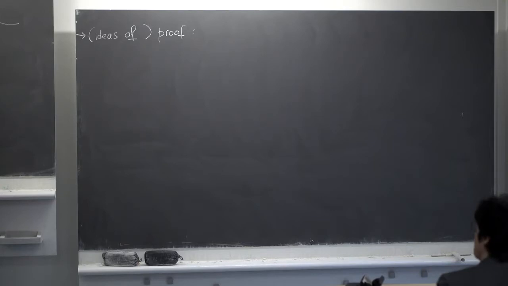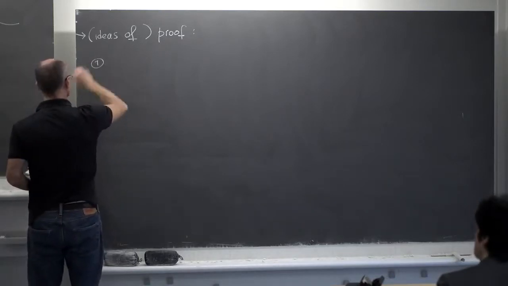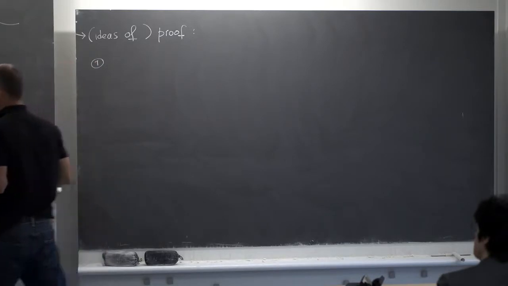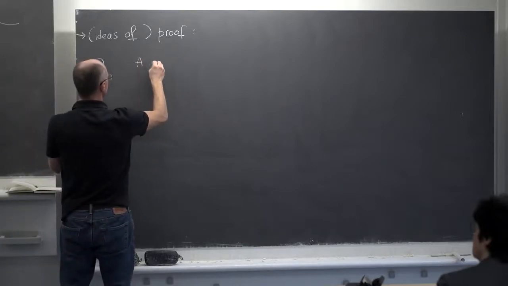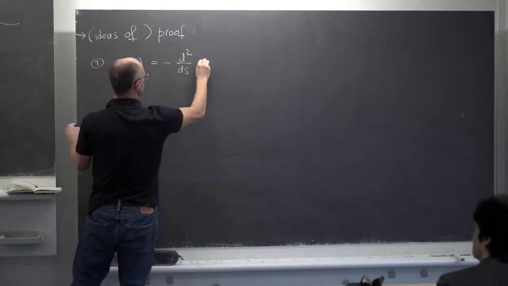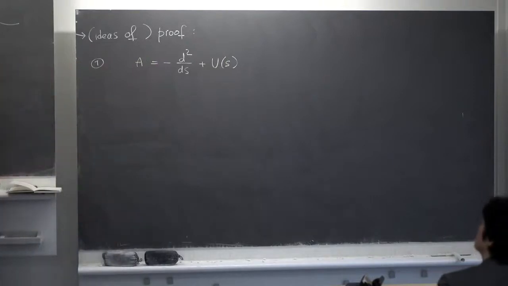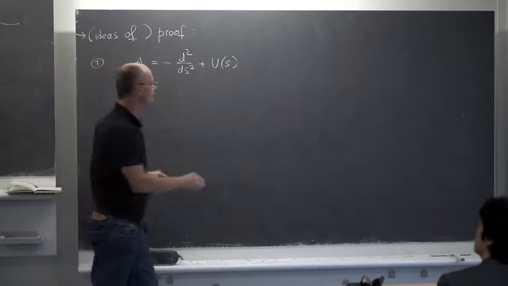The proof consists of several steps. So step number 1 is like this. We consider an operator A, which is the standard Schrödinger type operator, minus d2 over ds squared plus u of s.